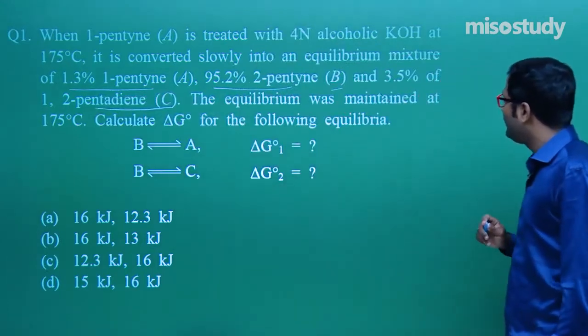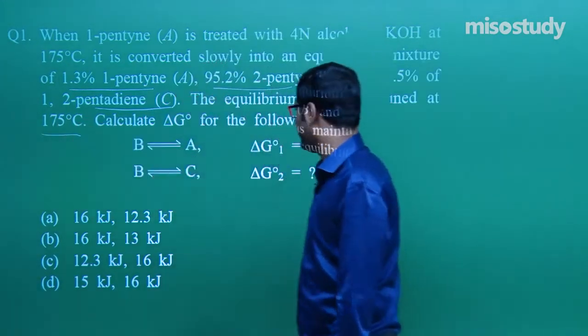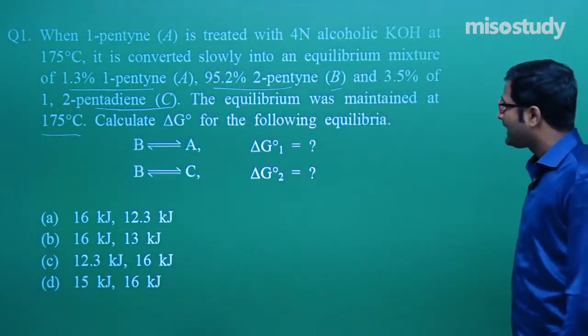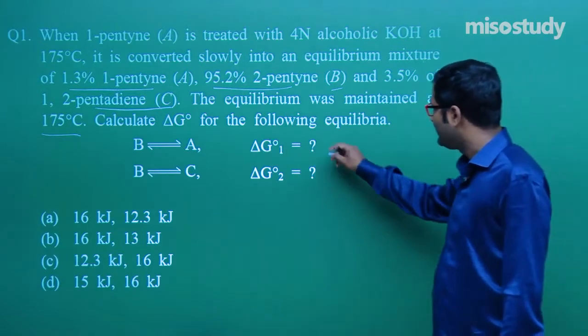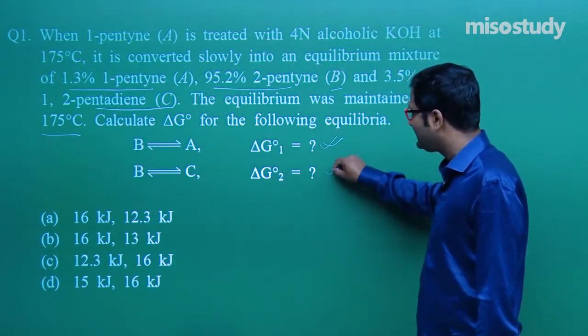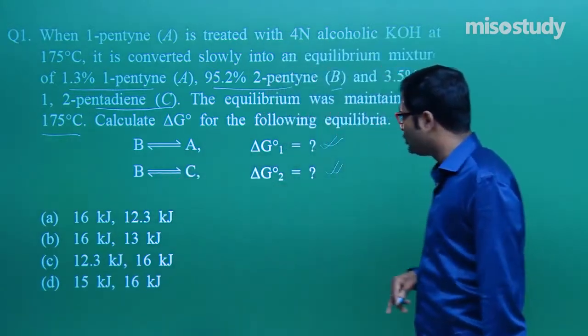Clear? The equilibrium was maintained at 175 degrees Celsius. No issue. Calculate the delta G for the following equilibria, that is delta G1 and delta G2, for B to A and for B to C.